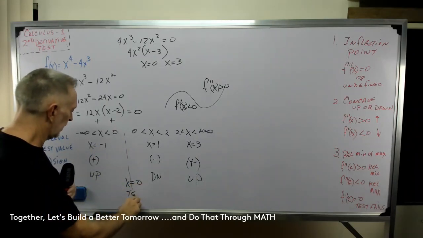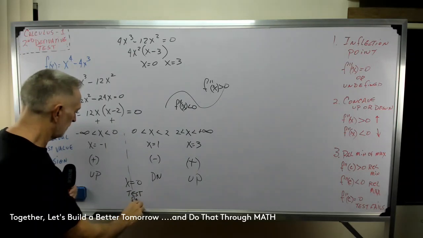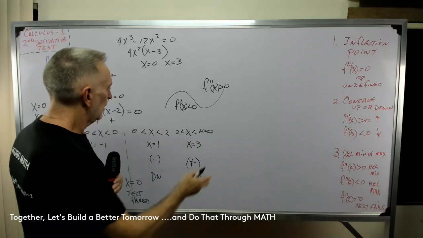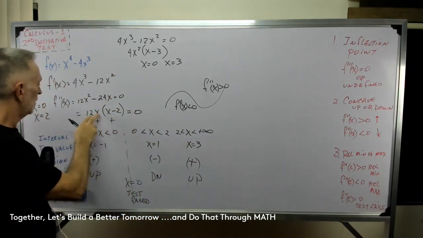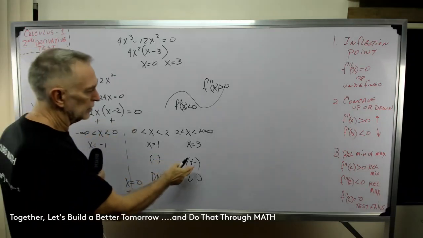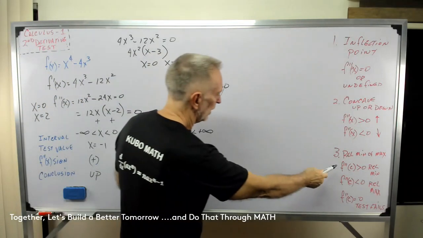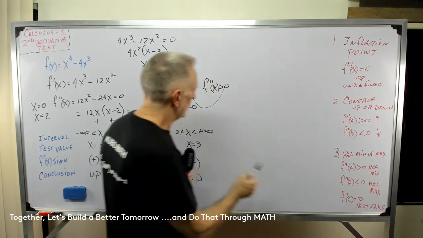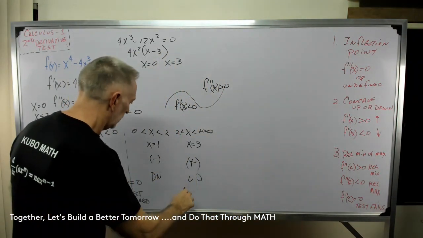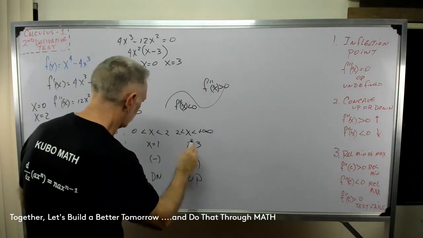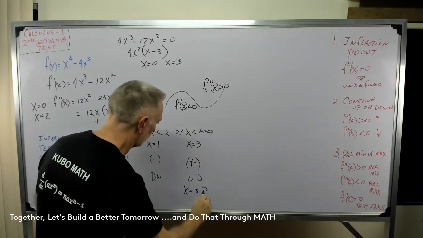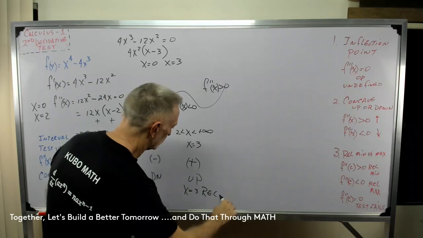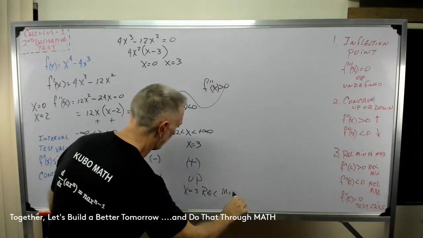My test failed. Now we had x equals 3 in there earlier, so we had a positive. It was telling me f double prime of 3 is greater than 0. So when x equals 3, it's greater than 0, that's a relative minimum.